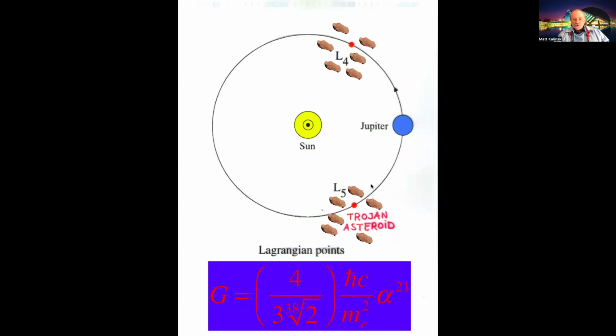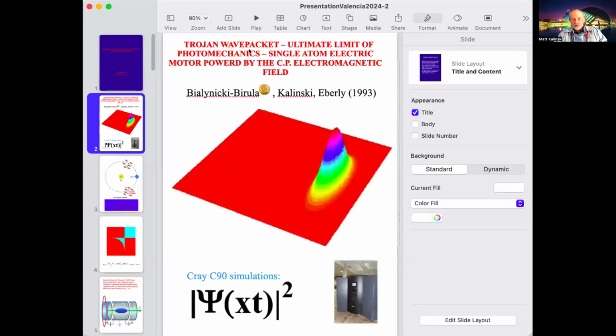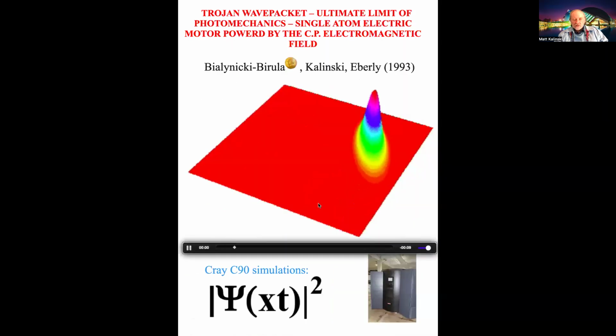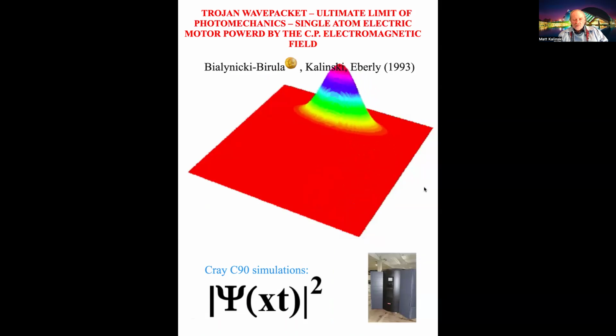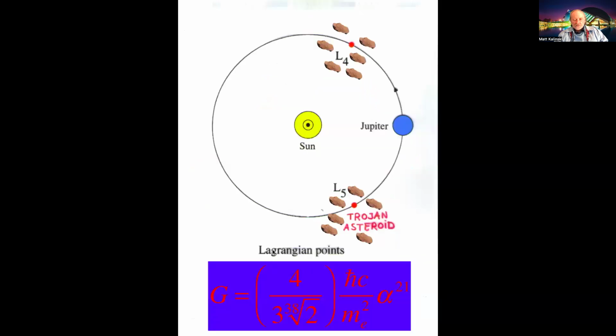The time-dependent gravitational field created at these points is identical to the conditions created by the circularly polarized field driving the Trojan wave packet.